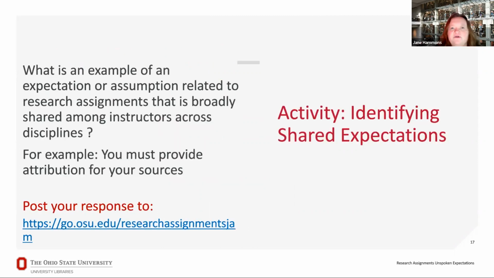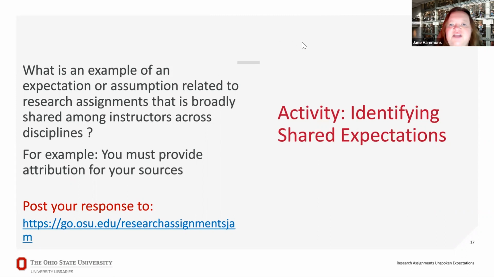So I wanted to just do another quick activity. We'll use the Jamboard again for this one, to just start thinking about what are some of those assumptions or expectations related to research assignments that are broadly shared across disciplines. And one very basic one, you must provide attribution for your sources, right? That's a basic expectation in research assignments across disciplines, that you have to provide attributions.